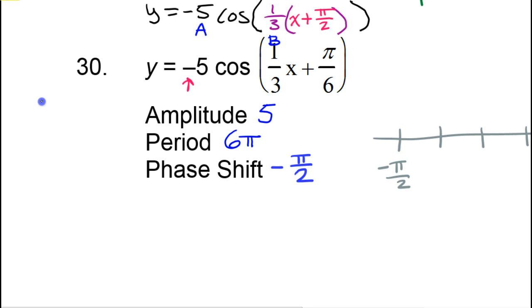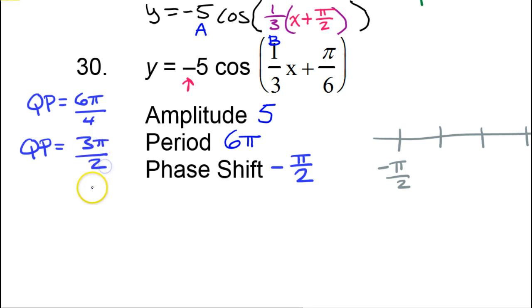I will call it QP, that stands for quarter period. So since the whole period is 6 pi, a quarter of the period should be 6 pi divided by 4. But this will reduce down. So a quarter period is 3 pi over 2.